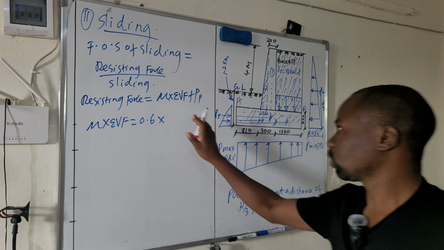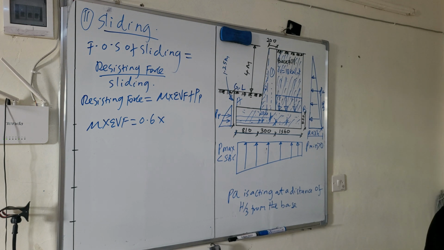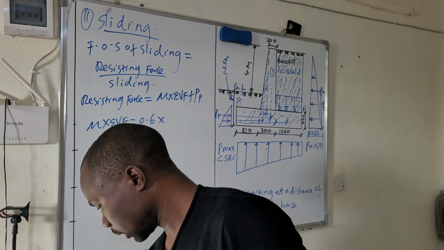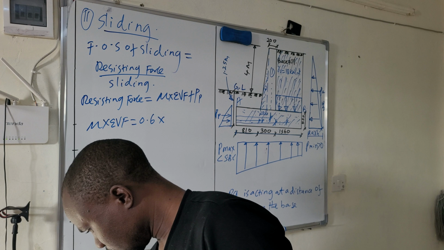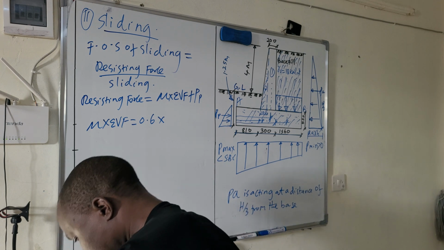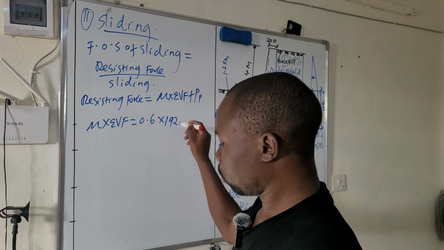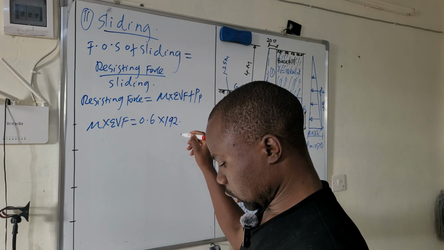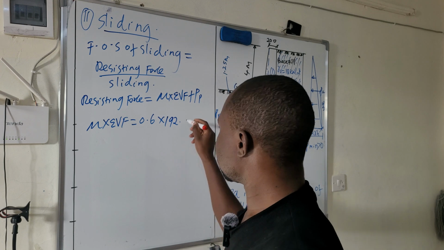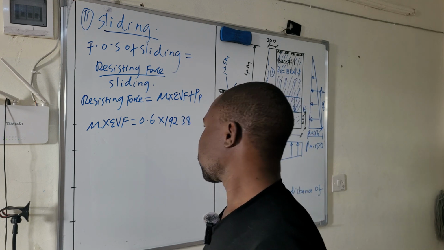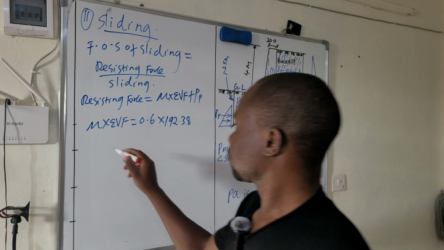And summation of vertical forces, we have already calculated, and this one is 192.38, like that.